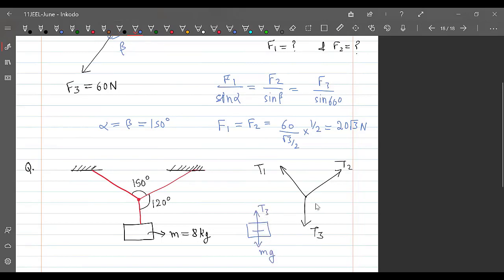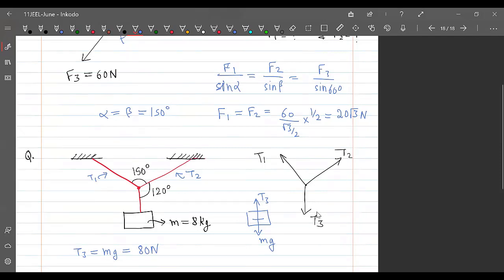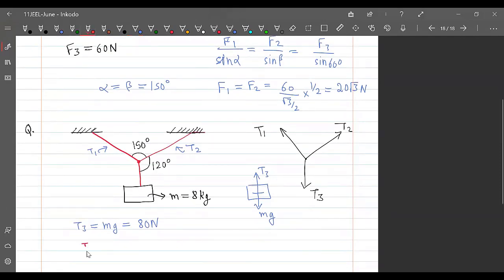So T3 is known, two angles are known. You have to find the value of T1 and T2. T3 you are known, that is mg, that will be equal to 80. Find T1 and T2. So T1 will be 80 root 3 and T2 will be 160 Newton.